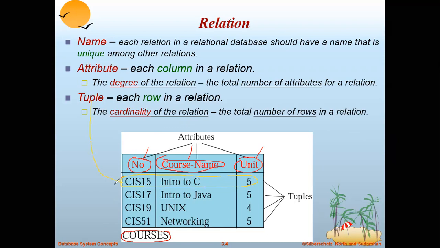The number of rows in a relation represents the cardinality of the relation. So here for courses there are 1, 2, 3, 4 tuples, 4 rows. So the cardinality of courses is 4. The degree of the relation courses is 3 as there are 3 columns.